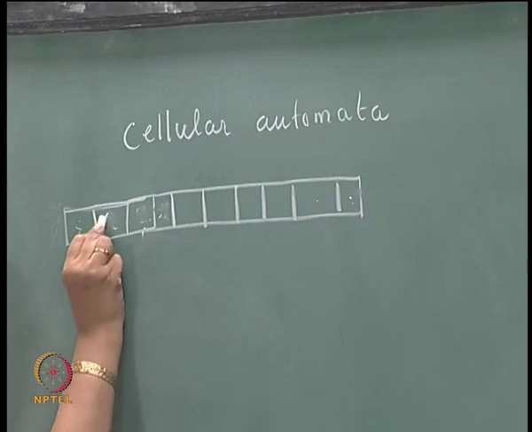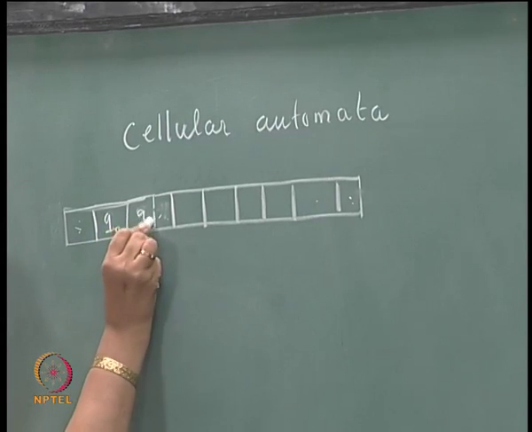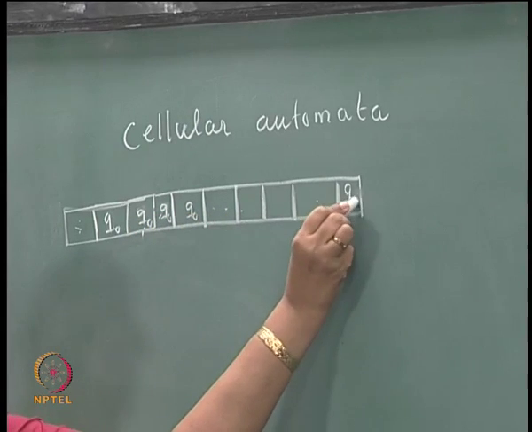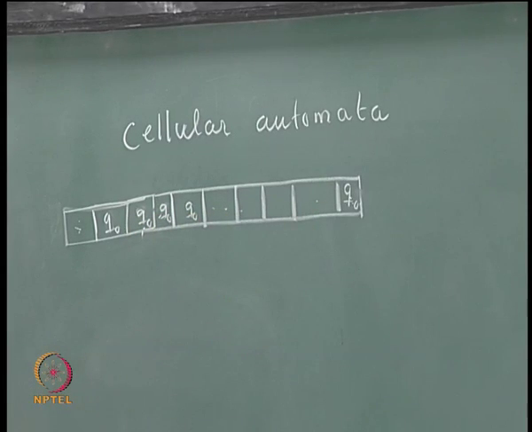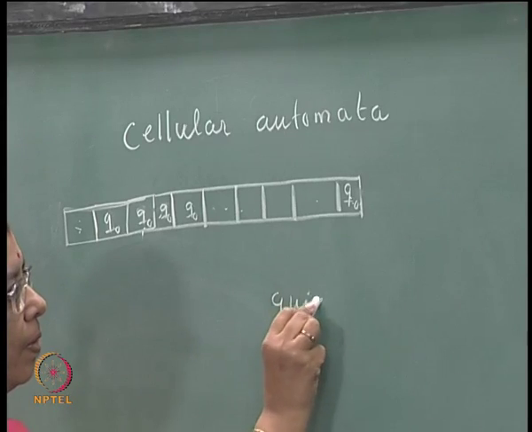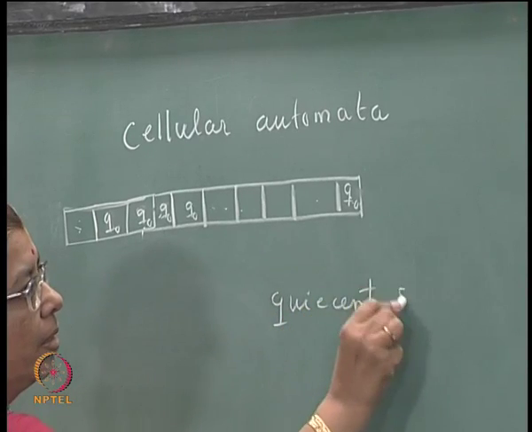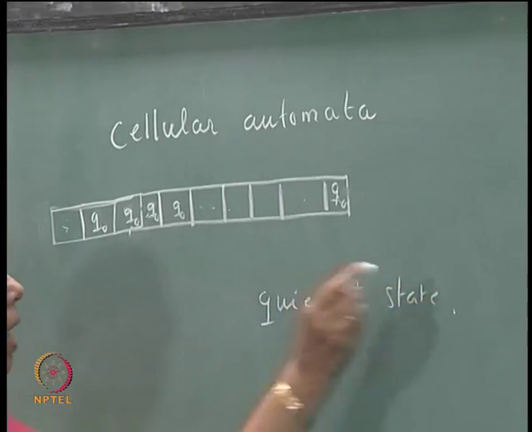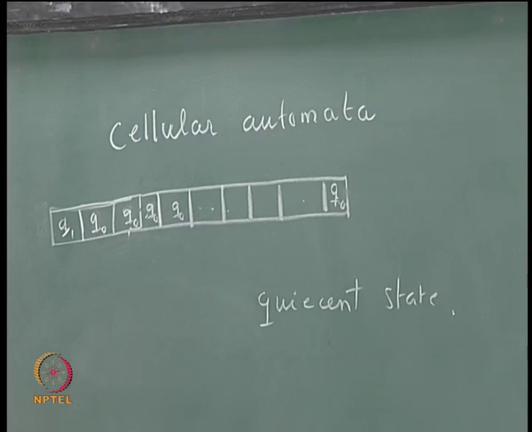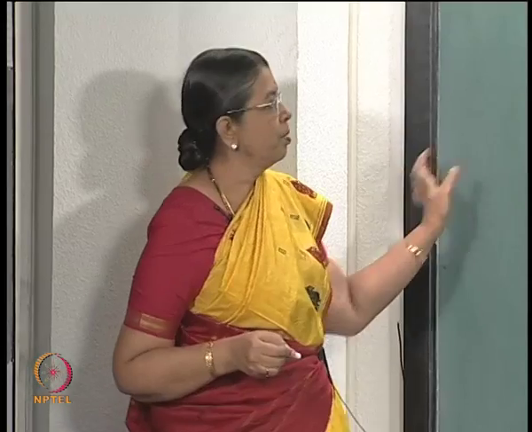Now, all of these are called soldiers, and they are in a particular state called the quiescent state. That Q naught is called the quiescent state. And the general goes to a different state. The leftmost person is the general.